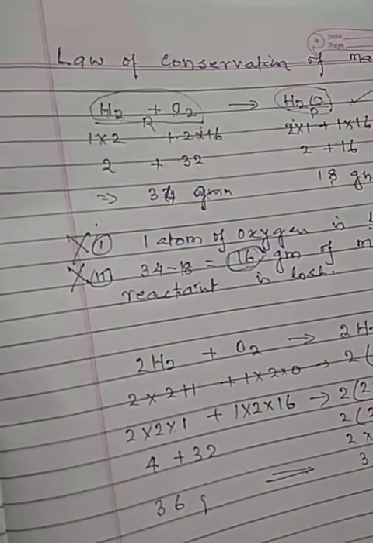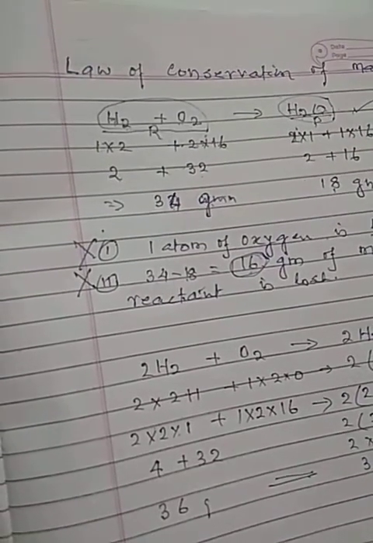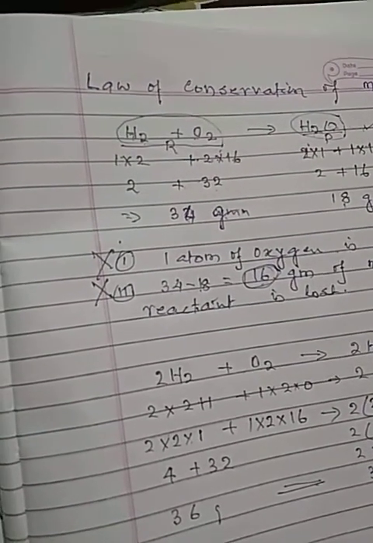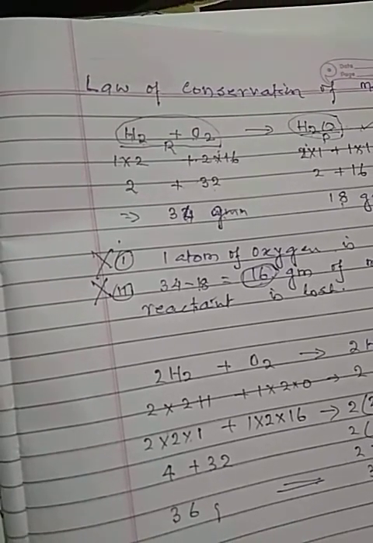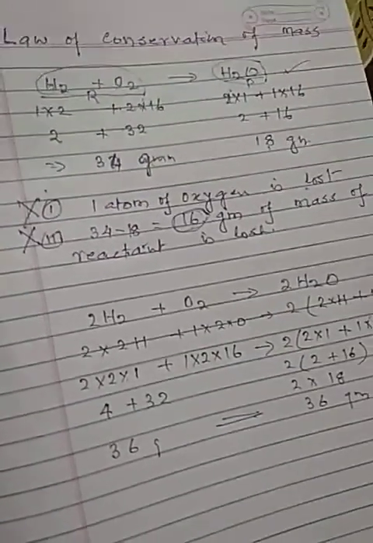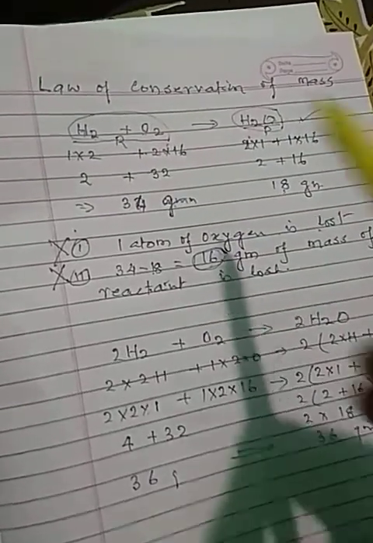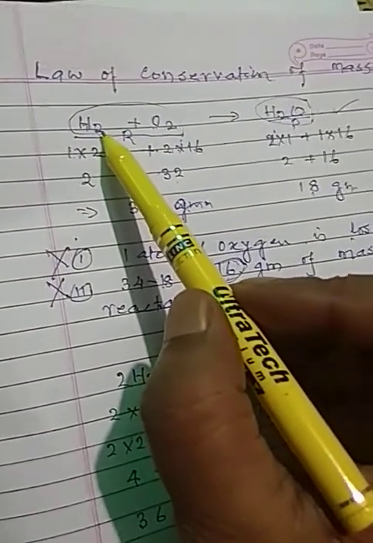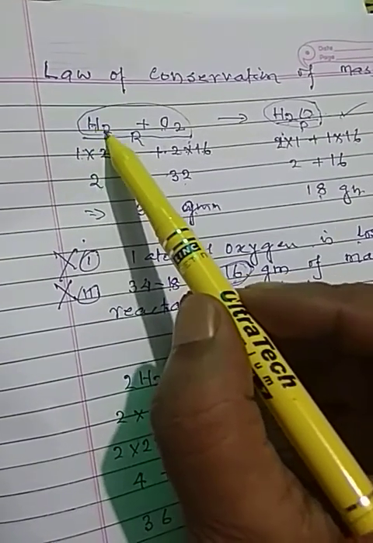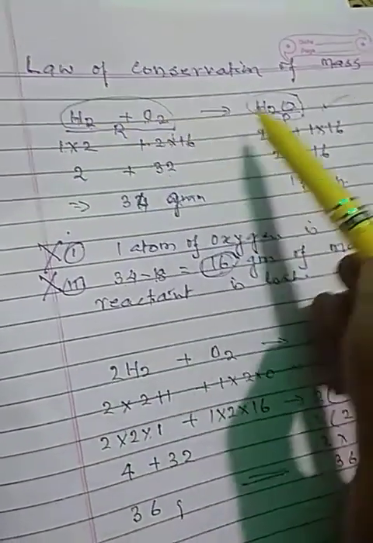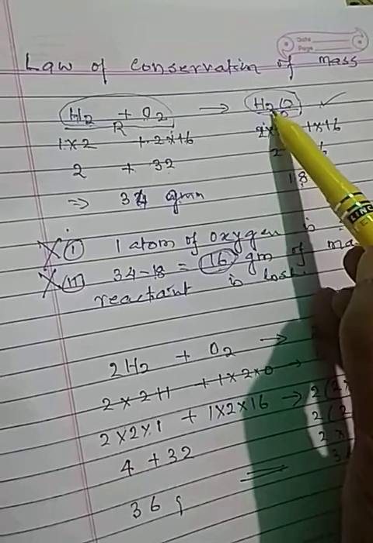There are two types of equations. One is the unbalanced equation, which we call a skeleton equation, and another one is the balanced equation. What is a skeleton equation? If you see here, there are two atoms of hydrogen, there are two atoms of hydrogen.